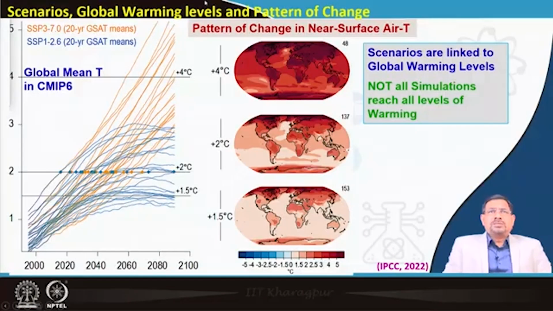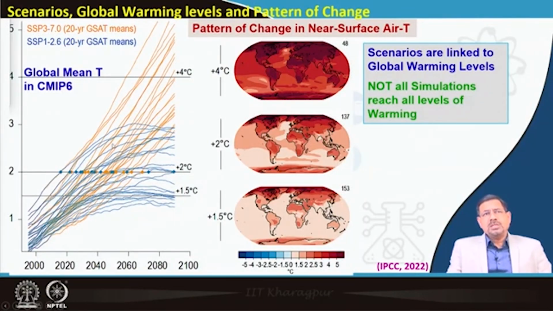And let us move on to the scenarios in terms of global warming levels and the patterns of change. Here again, on the left hand side, you can see the SSP 3, shared socioeconomic pathway 3, and SSP 1, and the corresponding global warming. So, 20 years GSAT means have been taken here and plotted.